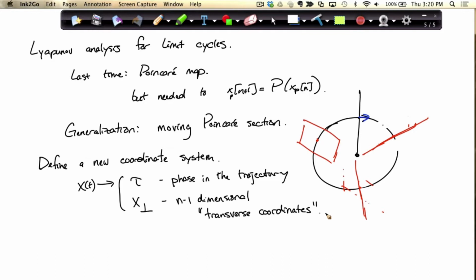Okay, and if I have my original dynamical system, x dot equals f of x, I can always rewrite those dynamics on this new coordinate system. If I have the mapping between those defined, I can write tau dot, which, if tau is a surrogate for time, is going to look like time to first order plus maybe something else. And then my x perp dot I can write down too.